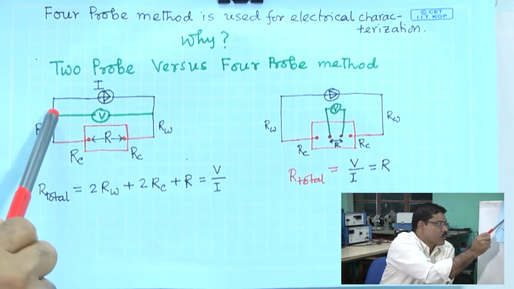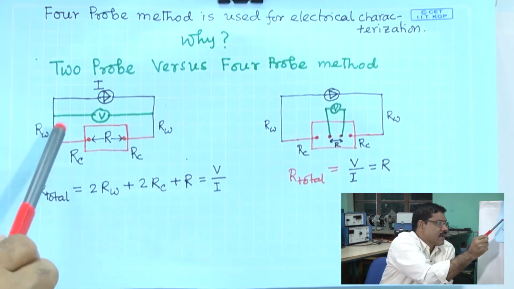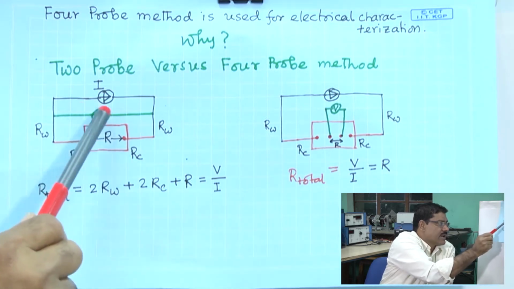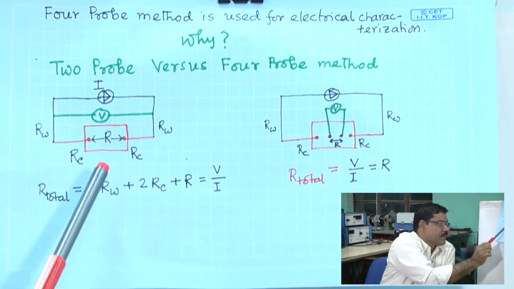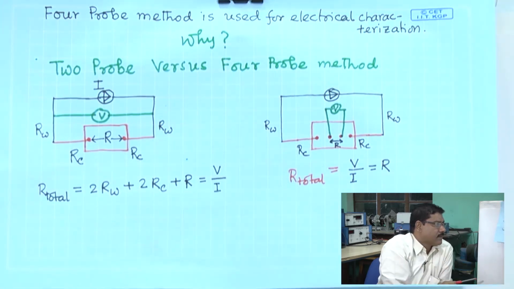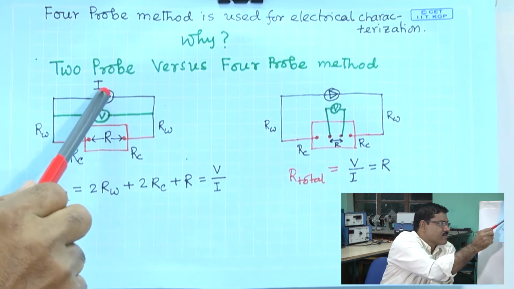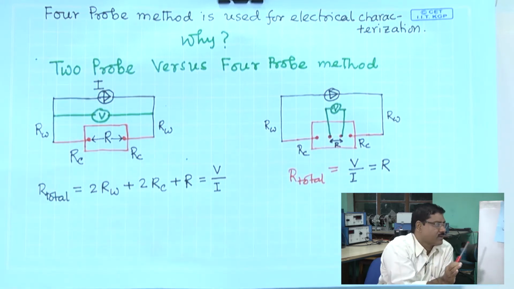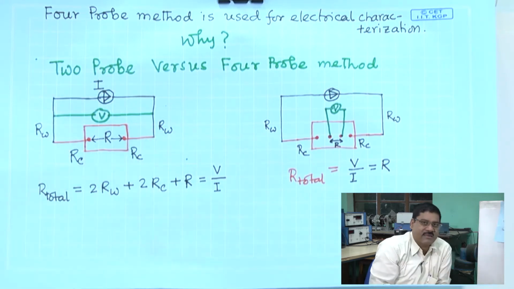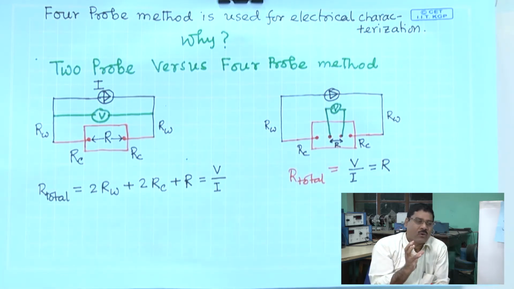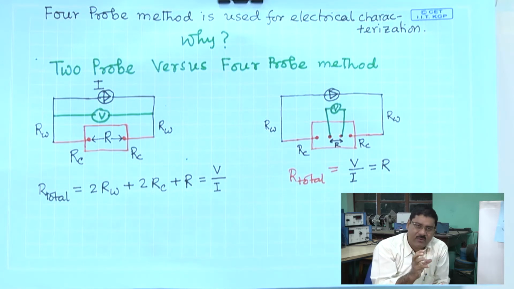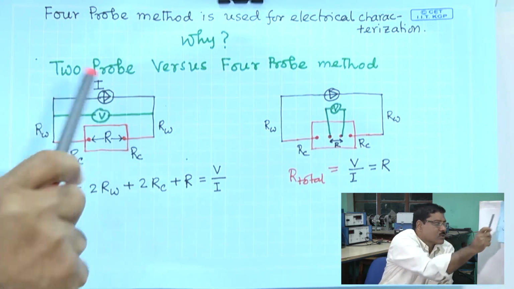That will be the total resistance, and the voltmeter will give the voltage V, and the constant current source gives the current I. So, we connect and take the reading of the voltmeter and the ammeter from the current source.